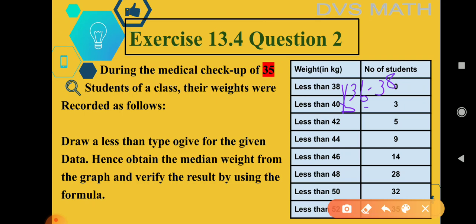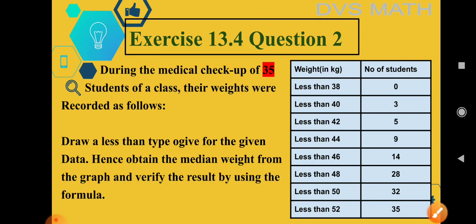So 36 to 38, 38 to 40, 40 to 42, like this. So they are directly converted and they gave the less than type only. So they gave the upper limits.